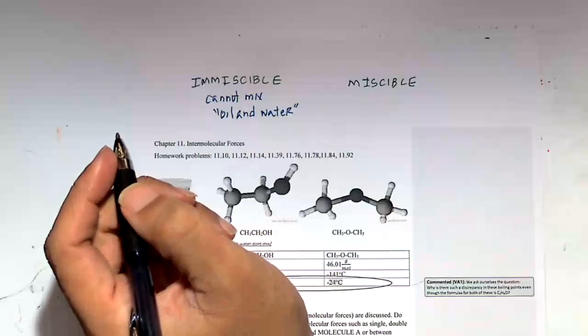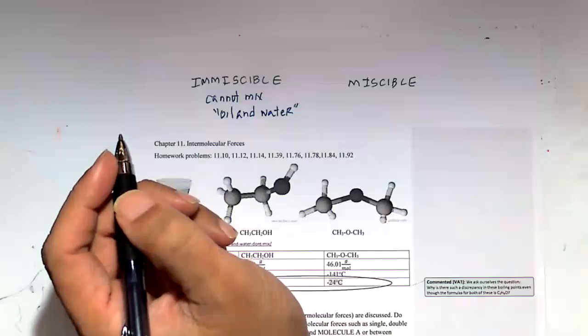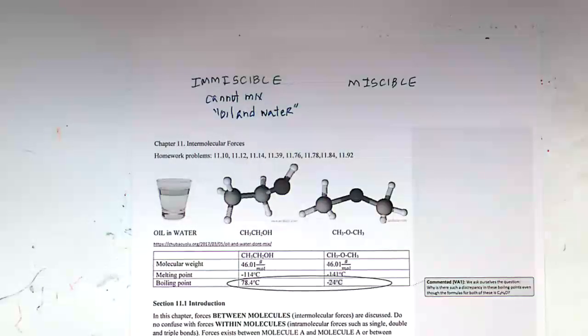Miscible means it can mix. Okay, so the example that we gave on Monday's class was ethanol and water.